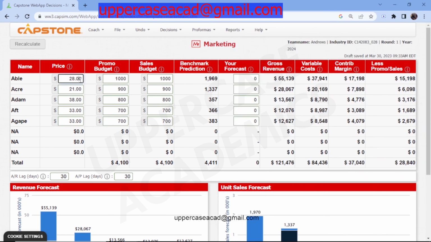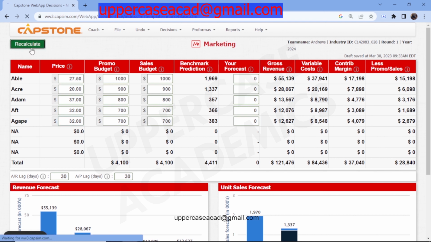So I'll give it 27.5. Then for Eka, I'll give it 20. For Adam, I'll give it 37. Then for the other performance and size products, both of them I'll give 32.